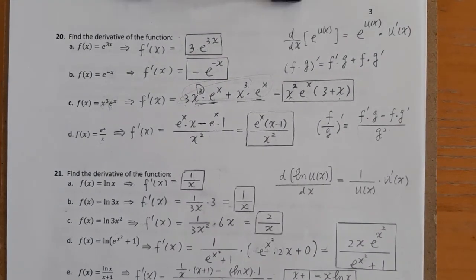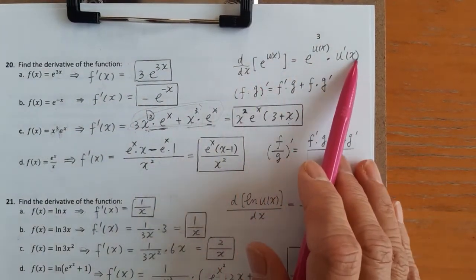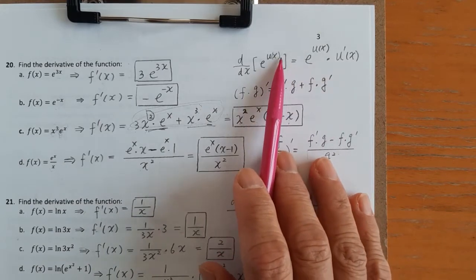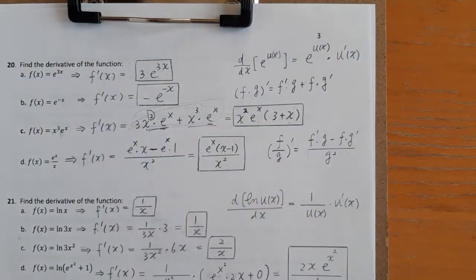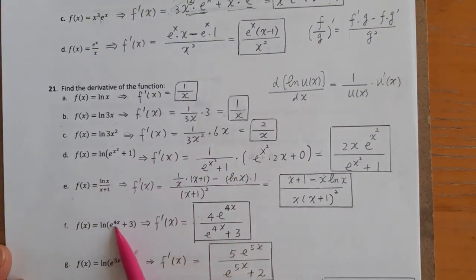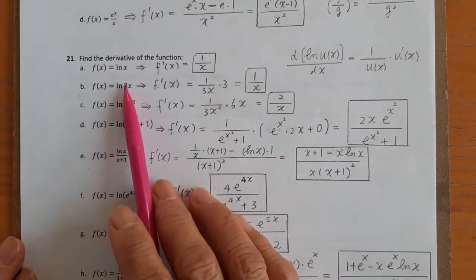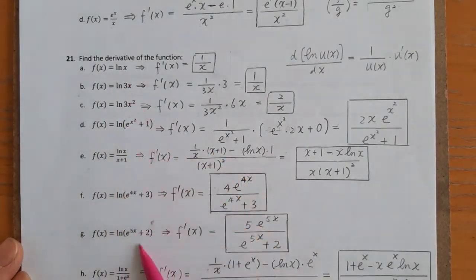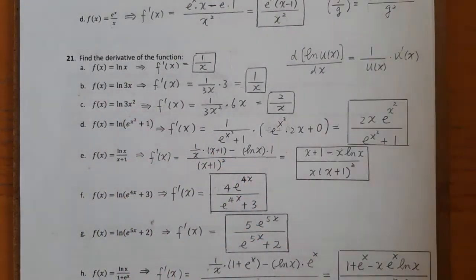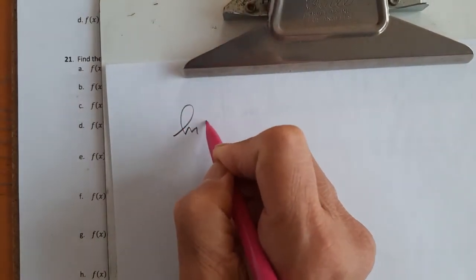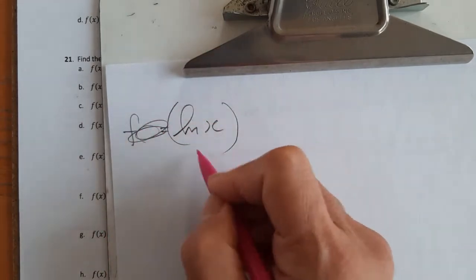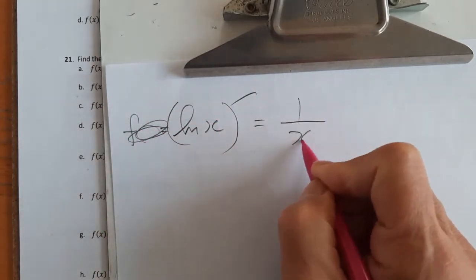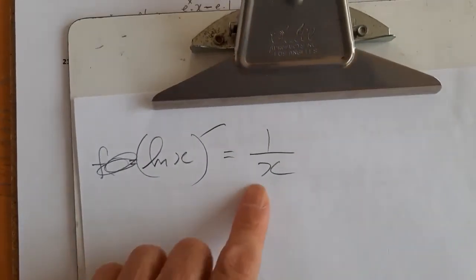So this one we learned the e function take derivative is still e, and by the chain rule times u prime. And then the natural logarithm function take derivative. Now natural logarithm is ln x. This function, if you take derivative, it's 1 over x. And you will ask, why is this?